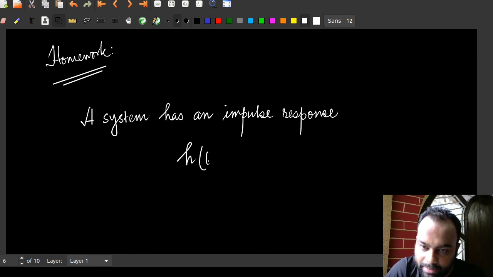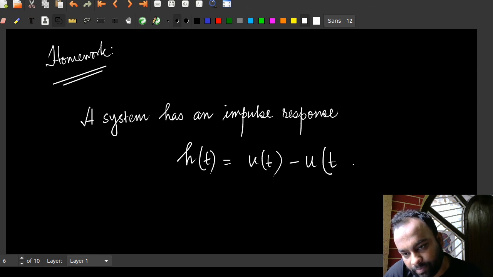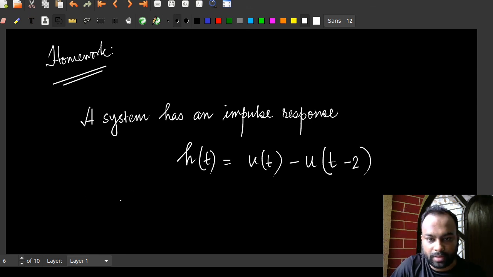Say the impulse response of a system is given by this. You can always draw them, right? Because I taught you how to draw these things.